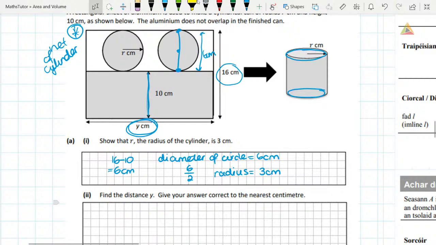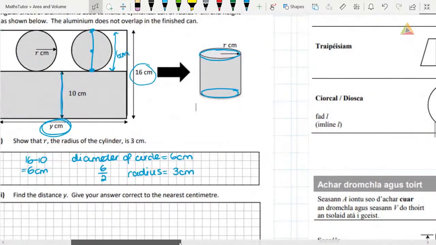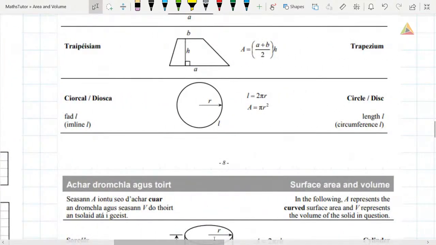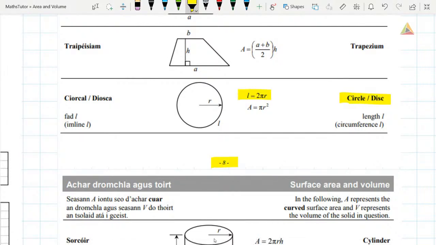So now I'm going to have to go to my tables again, because now I'm dealing with a circle. And when I'm dealing with a circle, I'm basically looking for the circumference of this circle. And this is page 8 of my tables. So on page 8, I see a circular disc, and the formula that's given here is the one that I want. So the circumference of a circle is the length of a circle, and the formula for the length of a circle is 2 pi r.